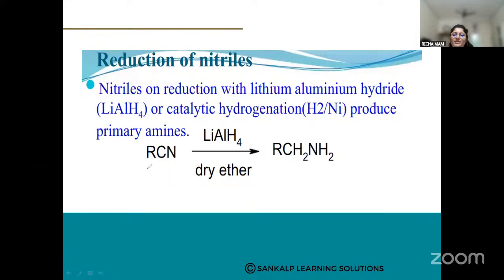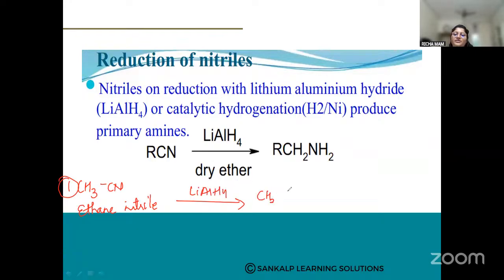So let me give you an example. RCN with lithium aluminum hydride in dry ether gives you a primary amine. First example, CH3CN. What is the name of this? It is ethane nitrile. React it with lithium aluminum hydride. What am I going to get?